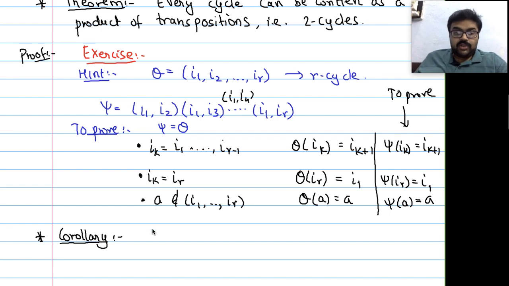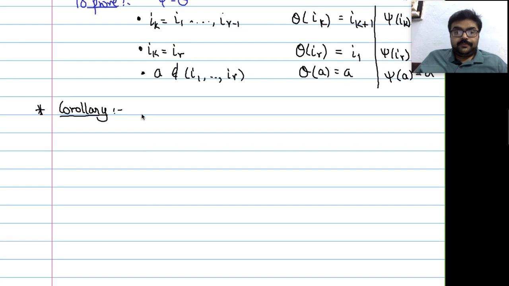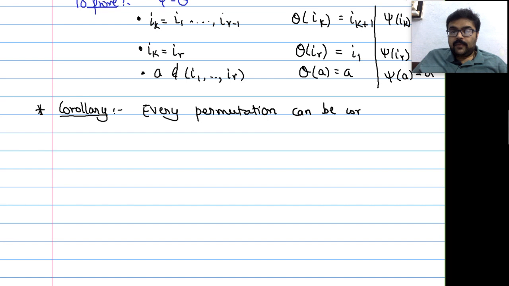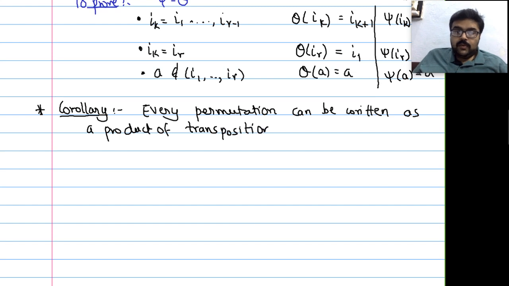So every permutation, let me write here, every permutation can be written as a product of transpositions. Of course, this is not unique, right? As we have seen, the transpositions can be written in different ways.